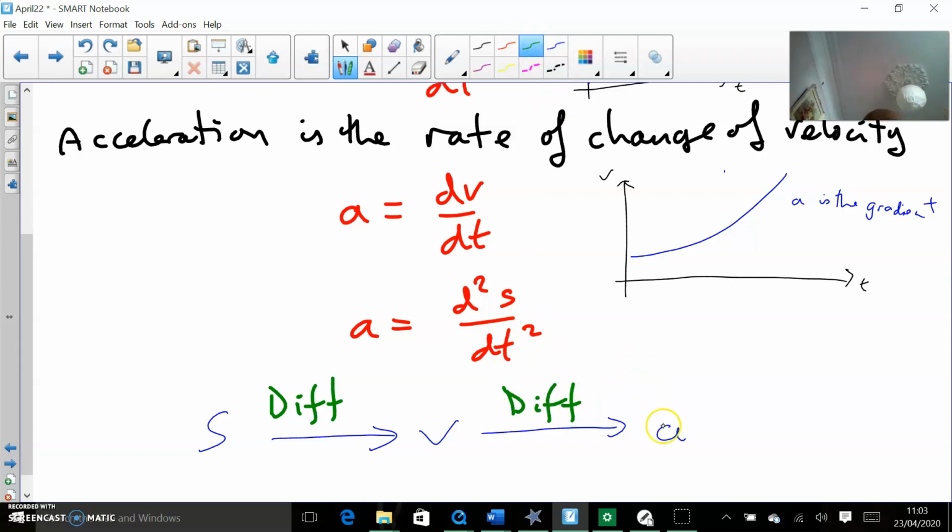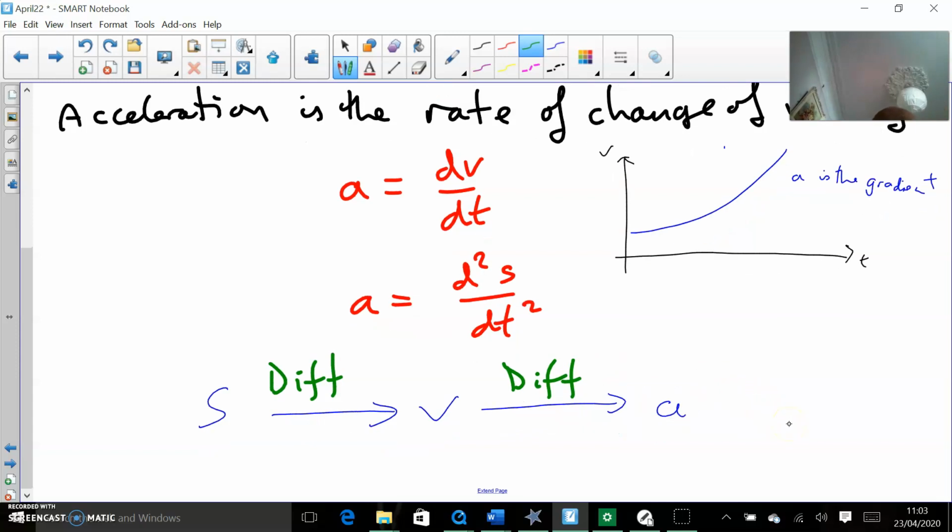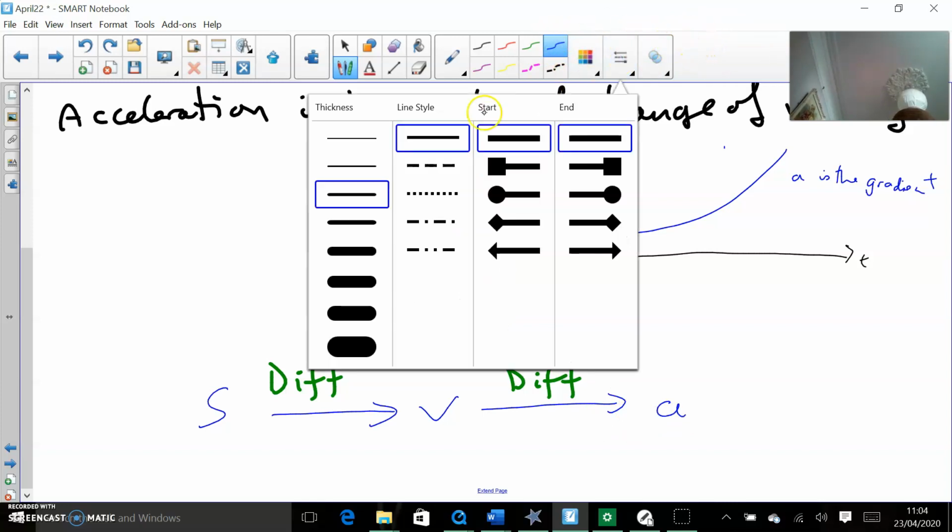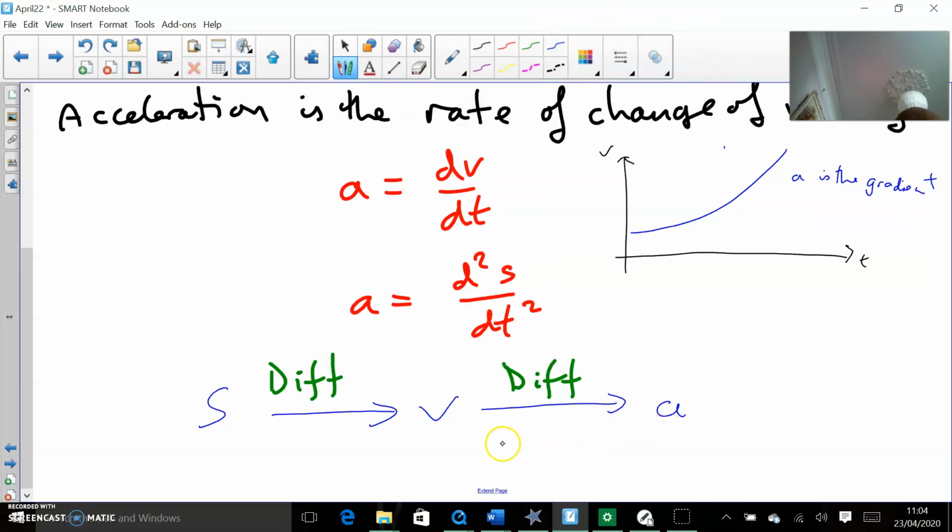Now, because the reverse of differentiation is integration, if you wanted to go from acceleration to velocity, supposing you had acceleration in terms of time, you would integrate.